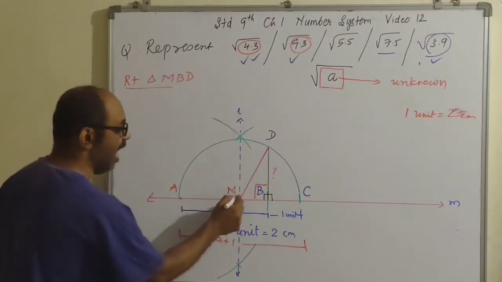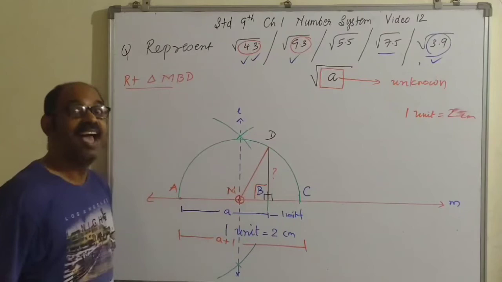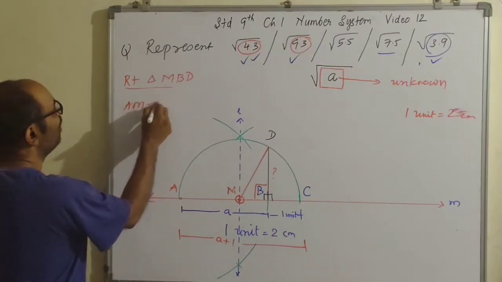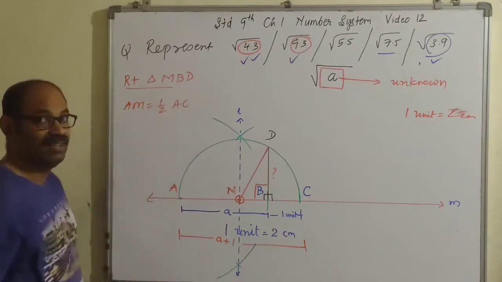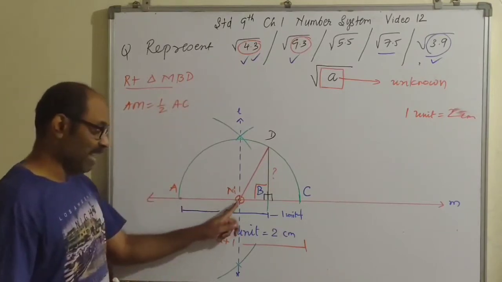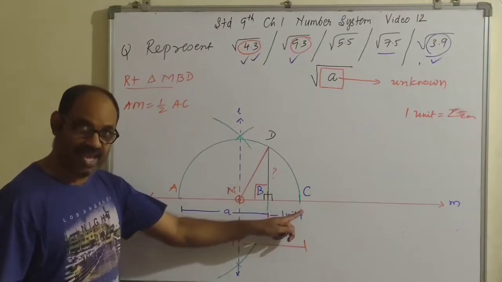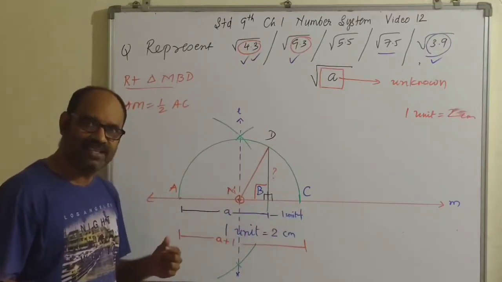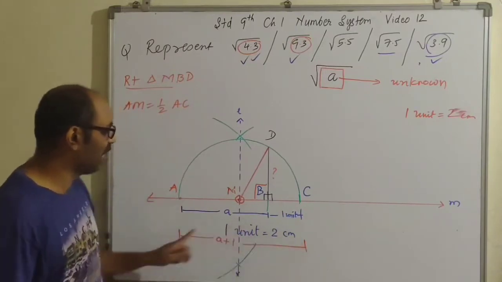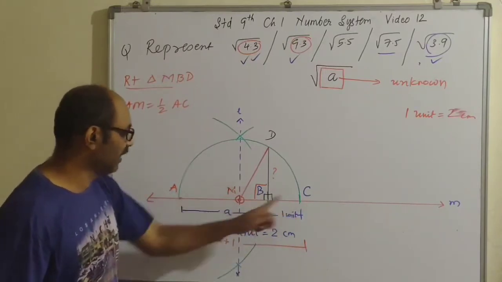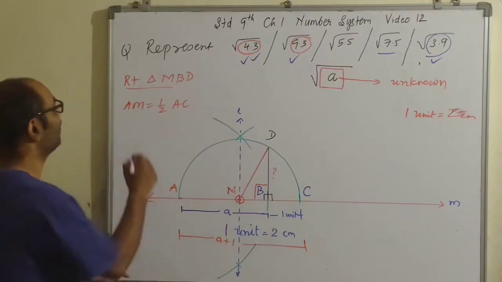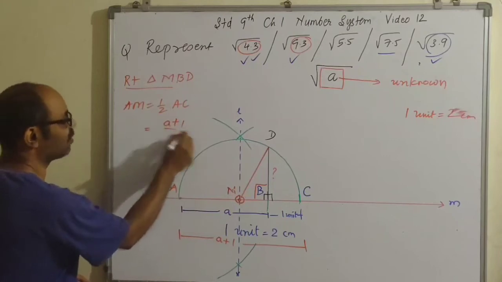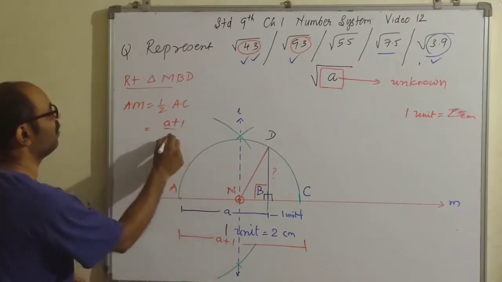Now see, M is the midpoint of AC. So you can say AM is half of AC. We saw this yesterday: if M is the midpoint of AC, then AM equals CM equals half of AC. Now how much is AC? Tell me, what is AC, the distance from A to C? Here it is a plus 1. So AC is a plus 1, and AM is (a plus 1) by 2.